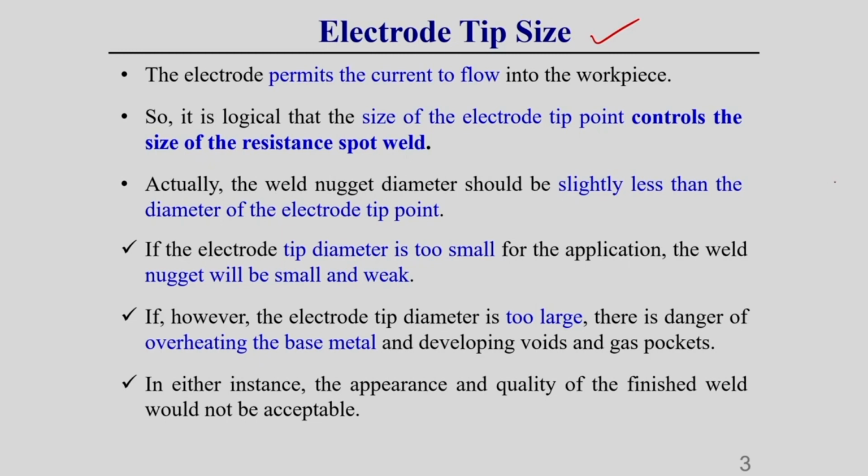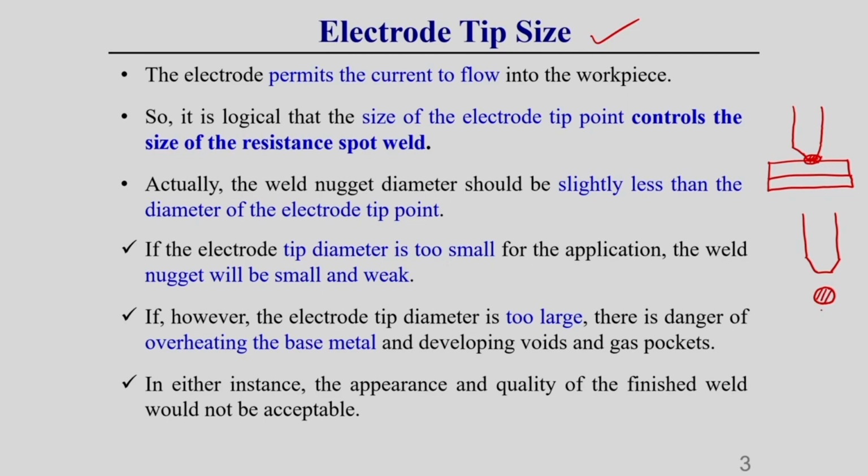In resistance spot welding, two workpieces overlap each other, and then an electrode is used. This is the electrode, and it has a tip. Let us take a circular cross section, so the tip cross section will be like this.